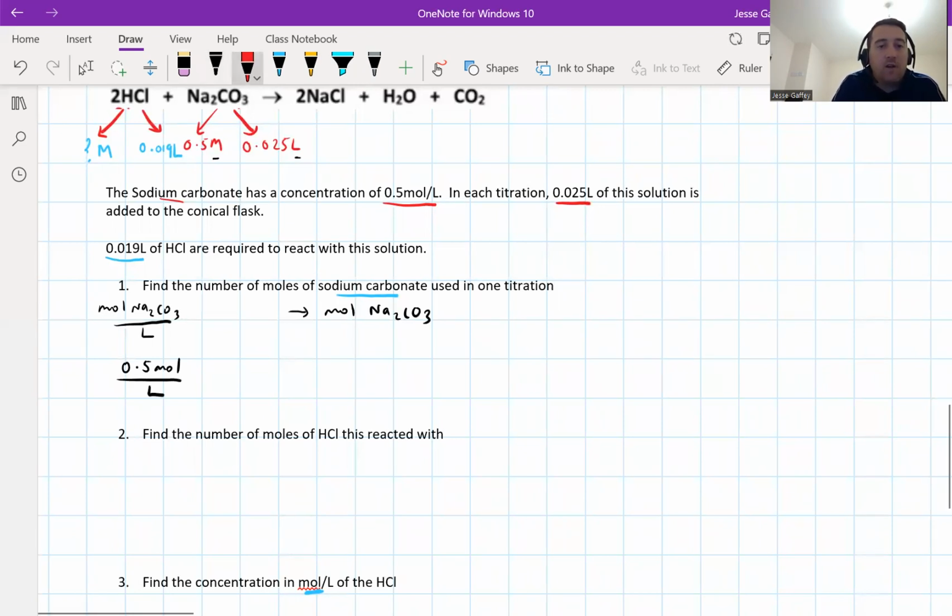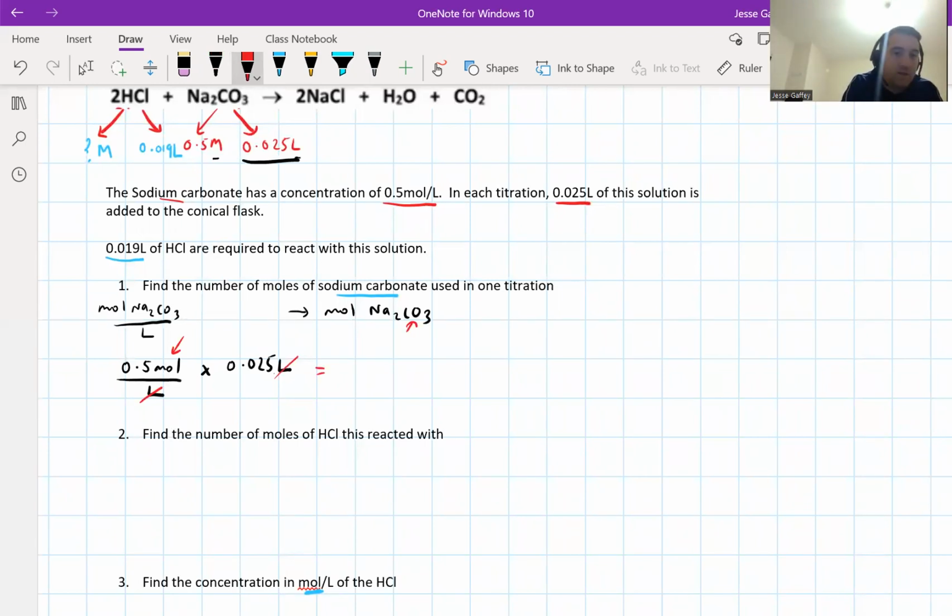And I want liters to cancel. So that means I need to multiply by an amount of liters. So back up here, how many liters did I use? Well, I used 0.025. So I'm going to multiply by 0.025. Of course, that's going to cancel my liters. And look what I'm left with, moles, which is what I wanted over here. Perfect. So equals a certain amount of moles.